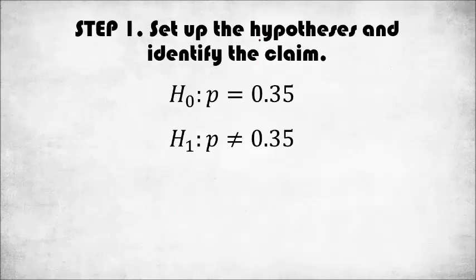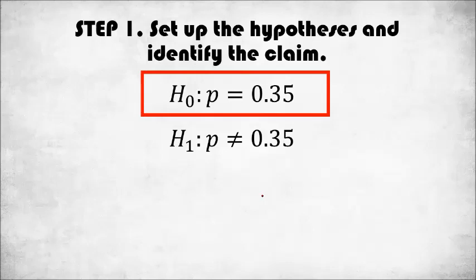That is given by P is equal to 0.35 and P is not equal to 0.35. So nakapag-decide na tayo kanina kung ano yung claim natin, and that is the null hypothesis. Wherein na-prove naman sa recent survey that this is equal to 35%. That's why yun yung gagamitin natin for our claim.